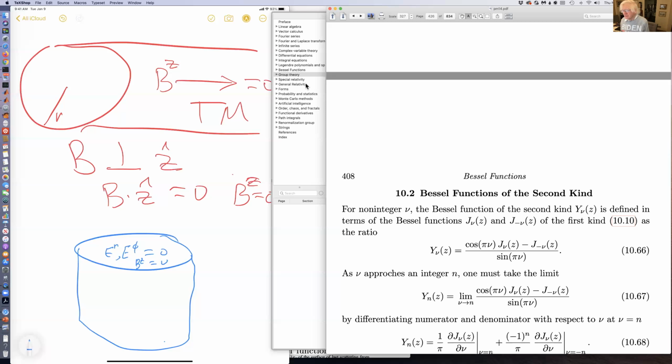So there's sort of the easy part of forms and the hard part of forms. I put the hard part of forms in the forms chapter, and the easy part of forms in special relativity and general relativity. Differential forms, for example, those are nice, and we ought to talk about them if we have time.